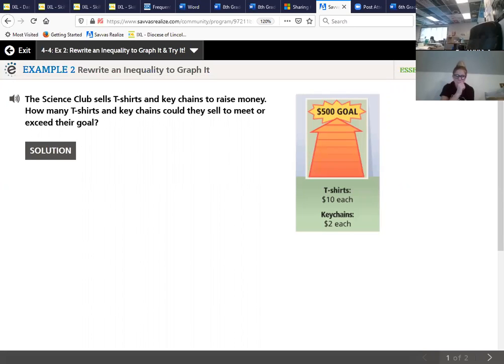So if they give us an inequality where y is not by itself, we need to rearrange it so it is by itself, or we have to write inequalities ourselves in the scoring problem, so y is by itself. The science club sells t-shirts and keychains to raise money. How many t-shirts and keychains would they sell to meet or exceed their goal?